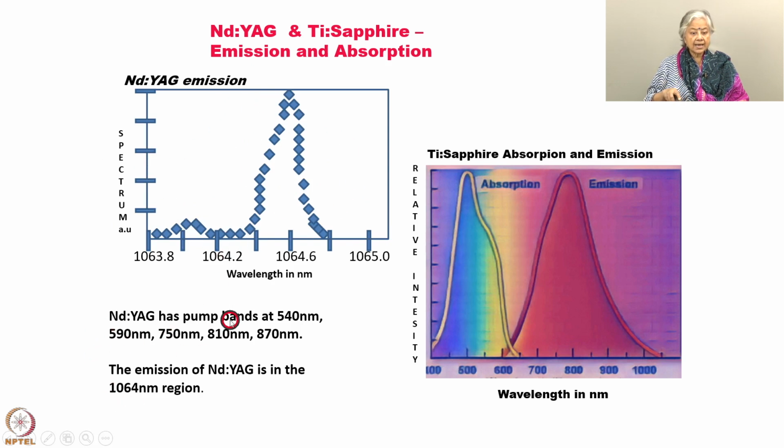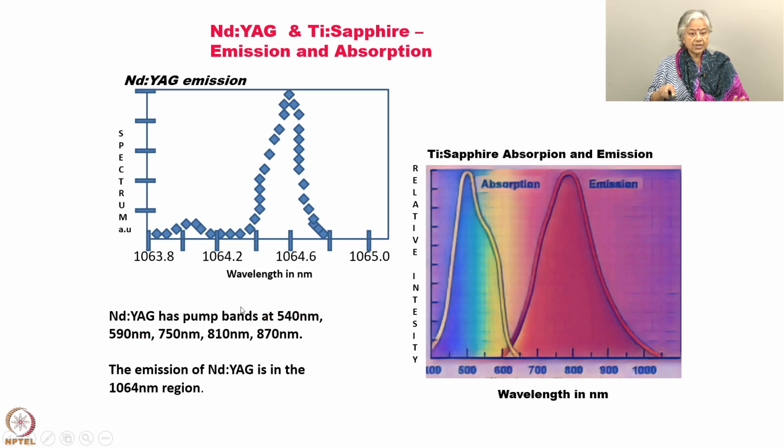Nd:YAG has pump bands at 540 nanometer, 590 nanometer, 750 nanometer, 810 and 870 nanometer. That means wavelengths close to these are all absorbed. So, this forms the absorption band. The Nd:YAG absorbs it very efficiently and it goes up to the upper level.